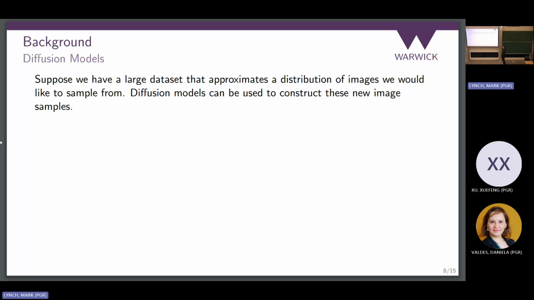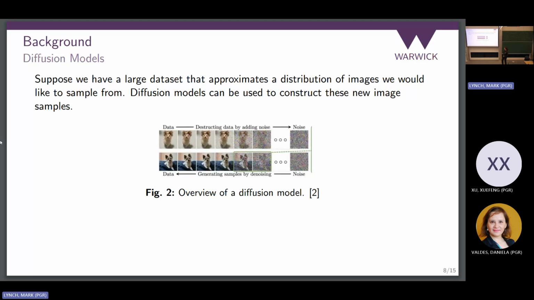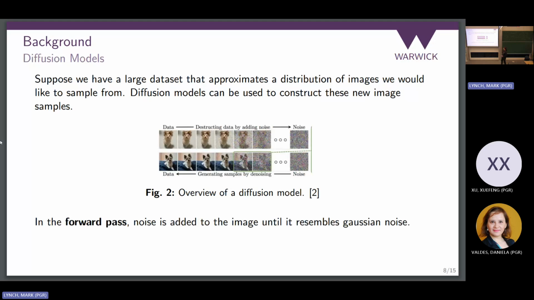We can train a diffusion model using this data set in order to generate new samples from the distribution that the data set is approximating. The way diffusion models work is we have a forward pass. We start off with a clean image of a dog on the left there, and then we add Gaussian noise until at the end we have something that resembles pure noise.